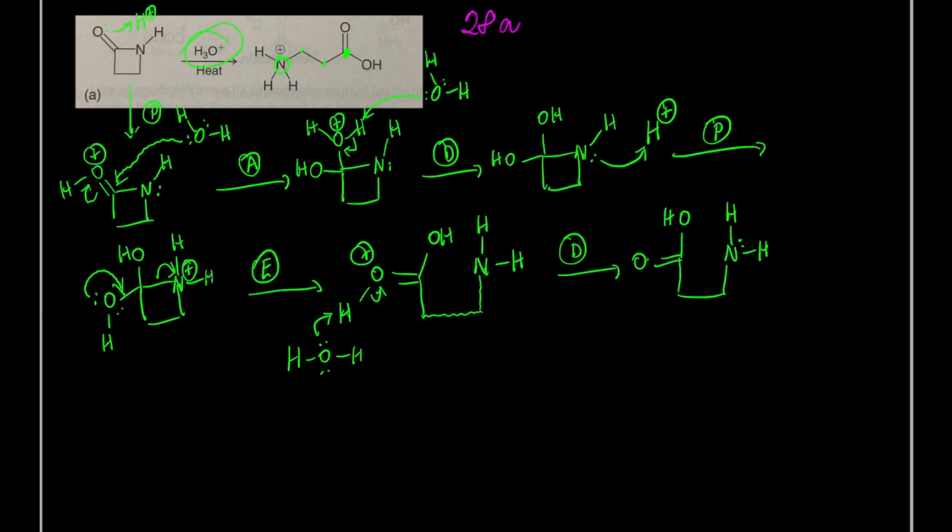And remember, the amines are basic, so you want to protonate that guy. P for protonation. And you get, at the end of all of this busy work, your amino acid in the protonated state. Okay?